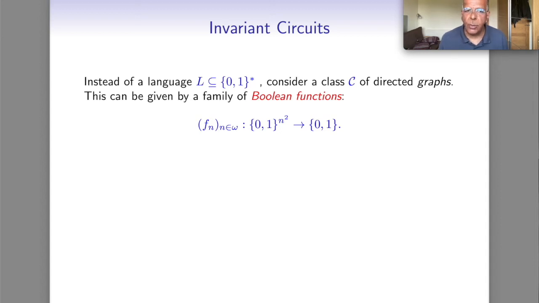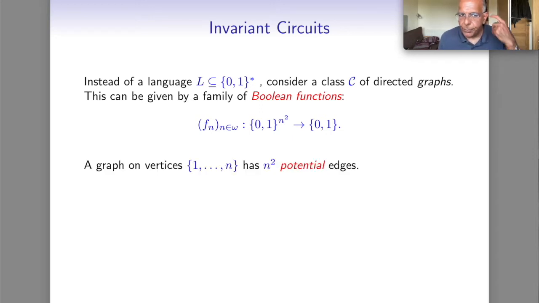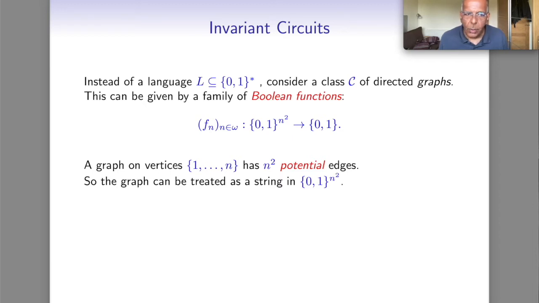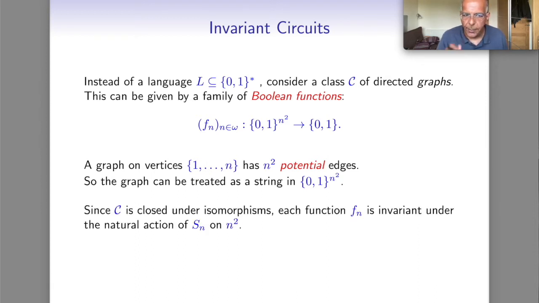For every n-vertex graph, you can turn it into a Boolean string of length n squared just by enumerating the adjacency matrix of the graph. And we hence get a Boolean function. Right? A graph on the vertices 1 through n has n squared potential edges, and so we treat it as a string in {0,1}^(n squared).